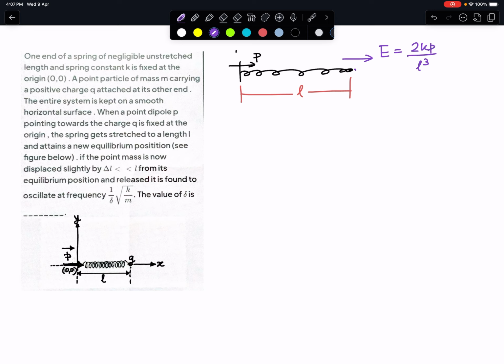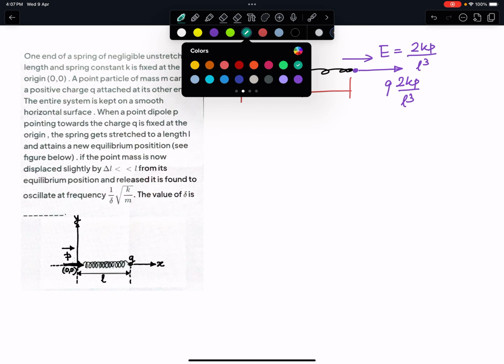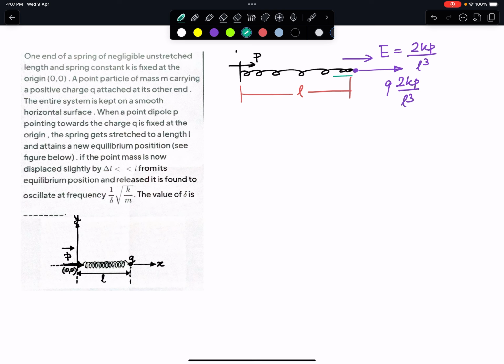So the charge Q will experience a force Q multiplied by 2kp by L cube, and the spring force, since the natural length of the spring is 0, is KL. So now we can equate this. KL is equal to Q times 2kp by L cube.